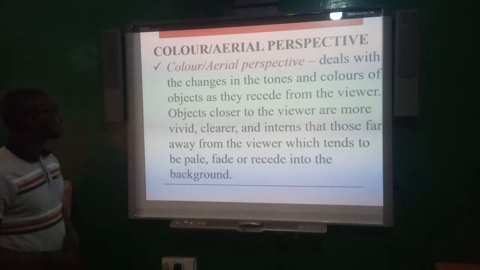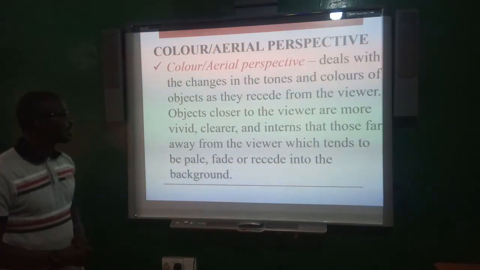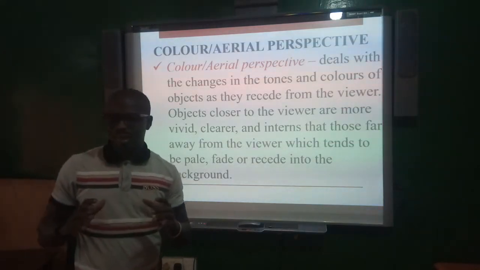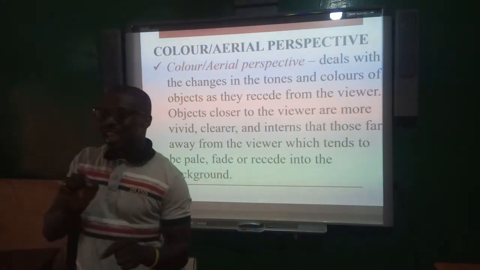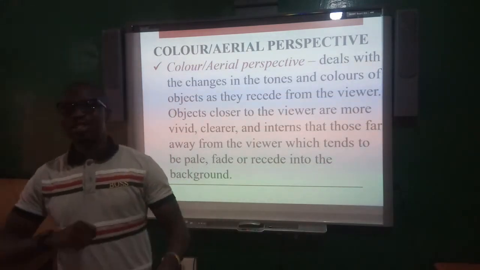Now, this deals with the changes in the tones and colors of objects as they recede from the viewer. With atmospheric or color perspective, shades and tones are used to show distance.